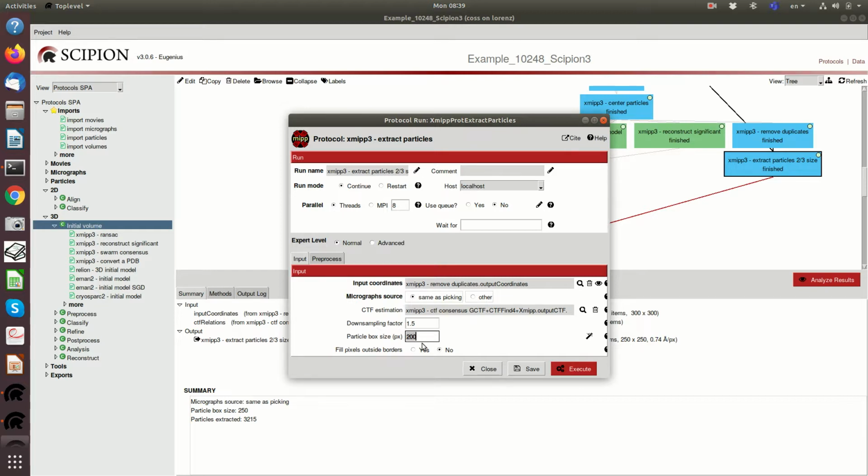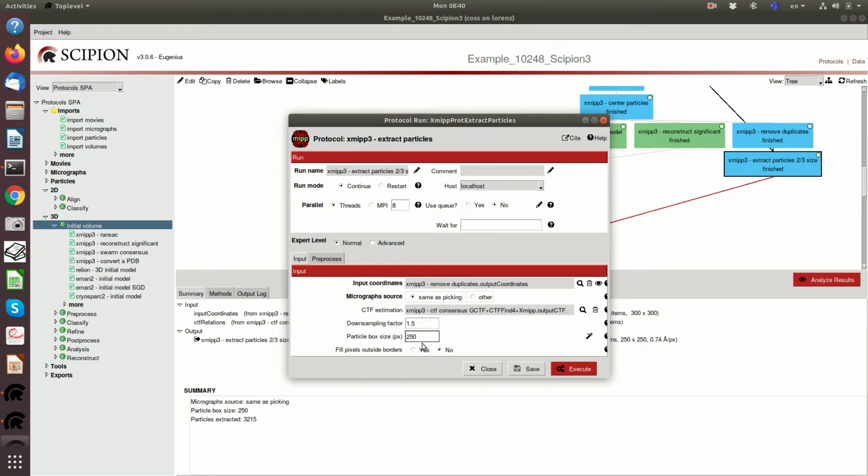But we said that if we want to correct for the CTF effects, we need to have a wider view so that we can effectively invert the spread of the point spread function. That is why instead of 200 I have chosen 250. So 250 is 50 pixels more, and these 50 pixels at 0.74 angstrom per pixel give you around 30-something extra angstroms. That is more or less the size of the PSF.